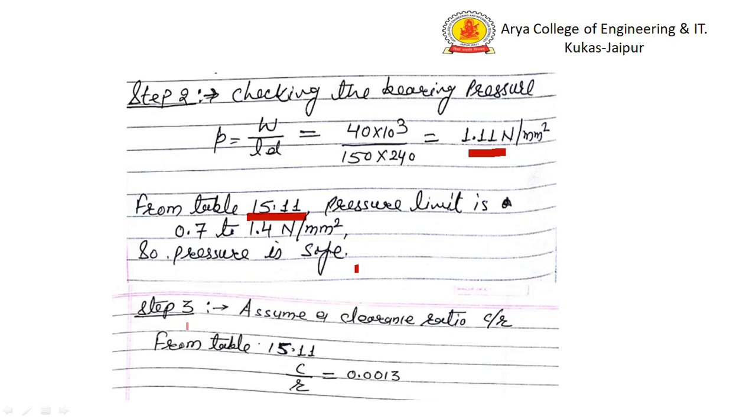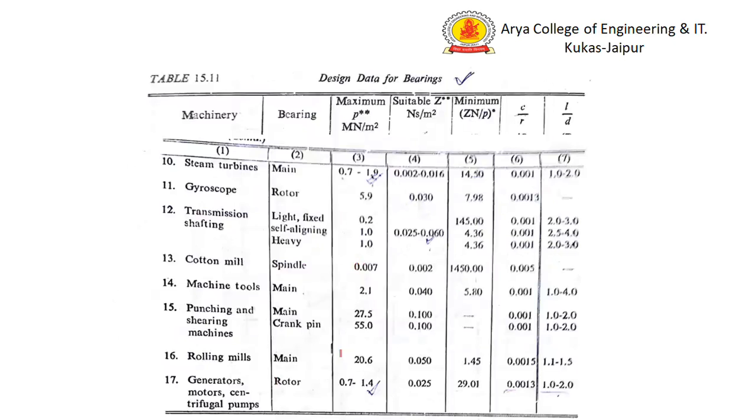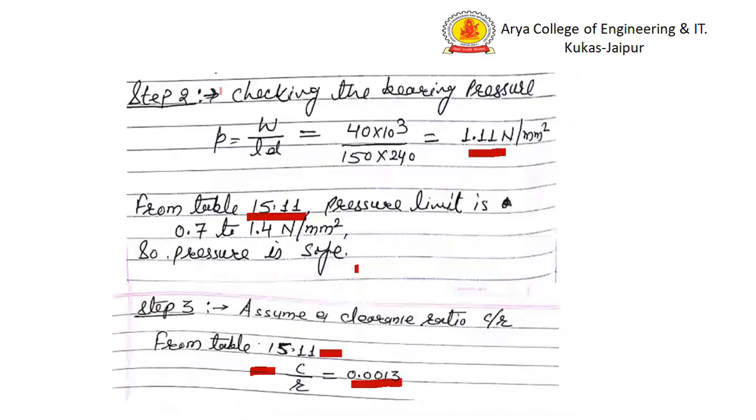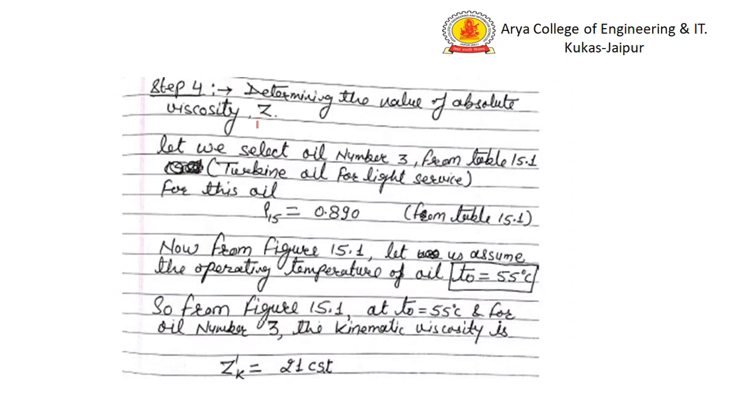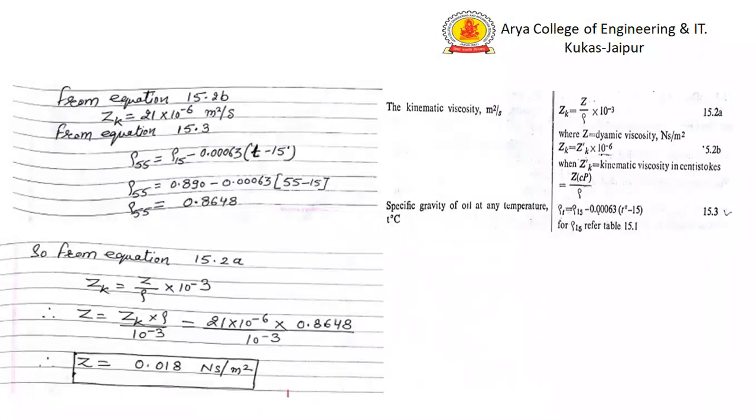In step number 3 we assume that C by R is equal to 0.0013 from table 15.11. This is table 15.11. In step number 4 we calculated the value of absolute viscosity Z, which is 0.018 Newton second per meter square.